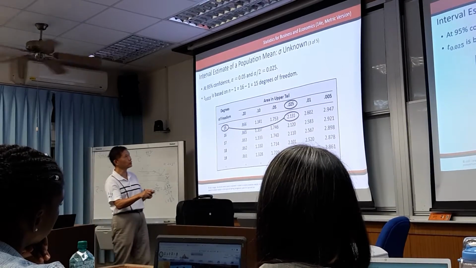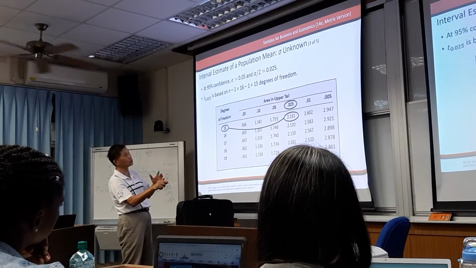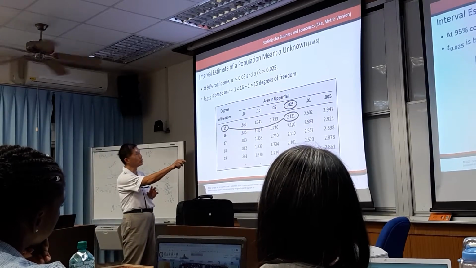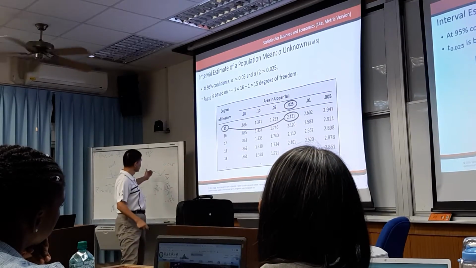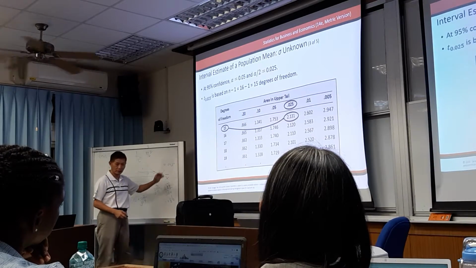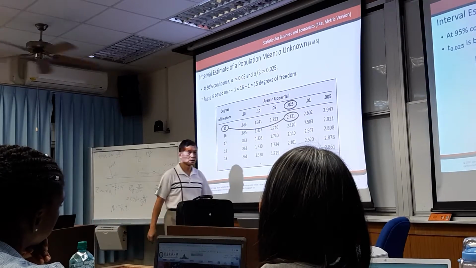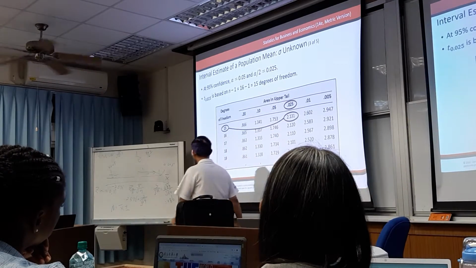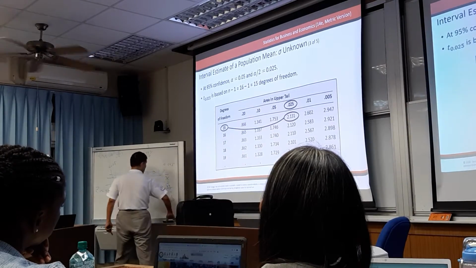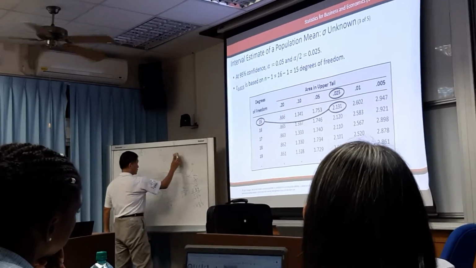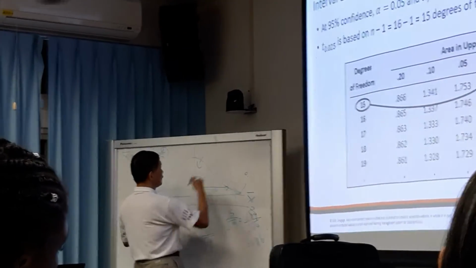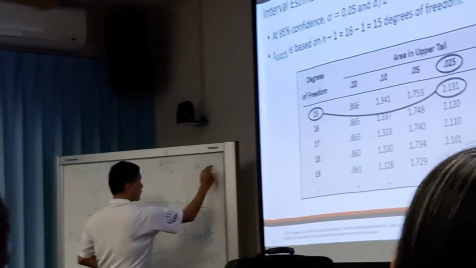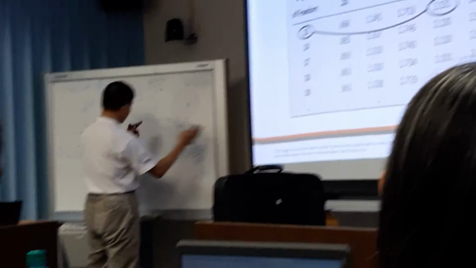So if you look at 95%, just look at the 2.5% on either side. The area in the upper tail is 2.5%, so alpha is 5%.